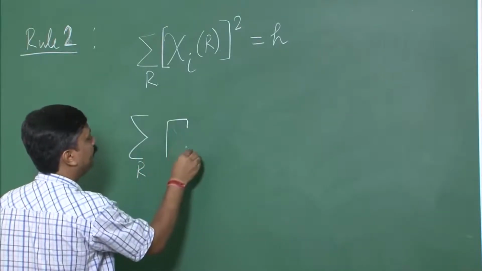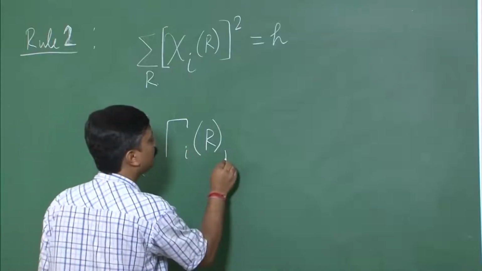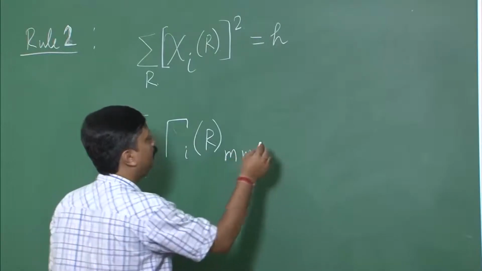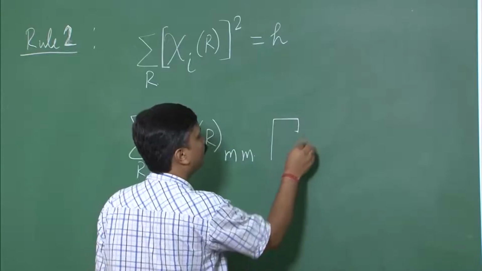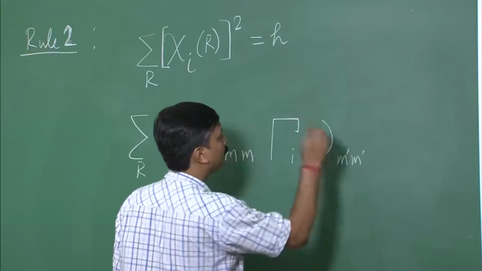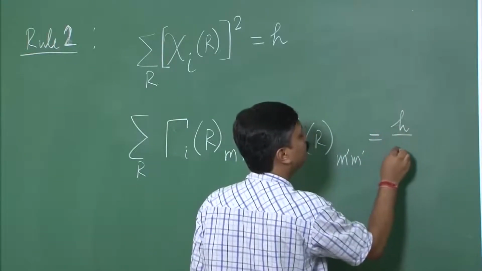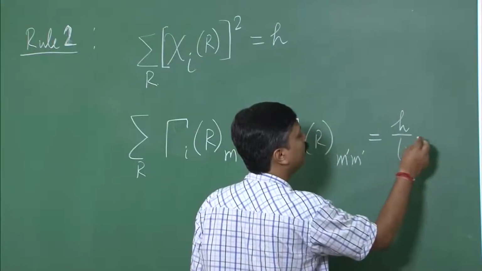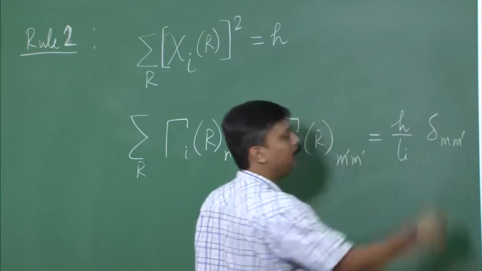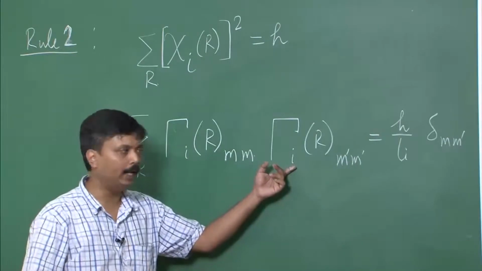If I take any particular ith representation for any given operation, this should be equal to h by Li delta m m prime, because I have chosen the same irreducible representation, that is the ith representation.